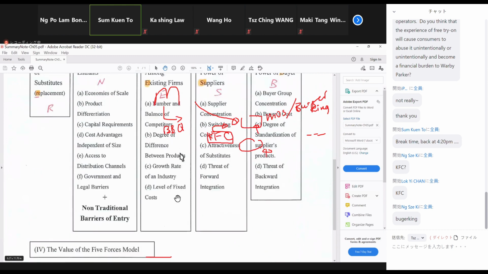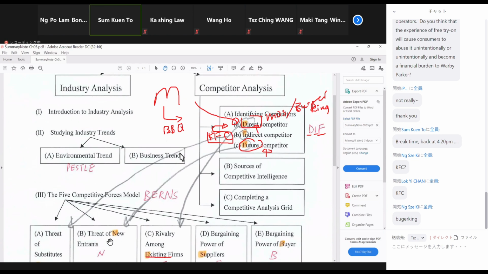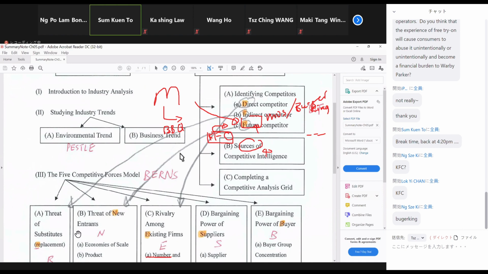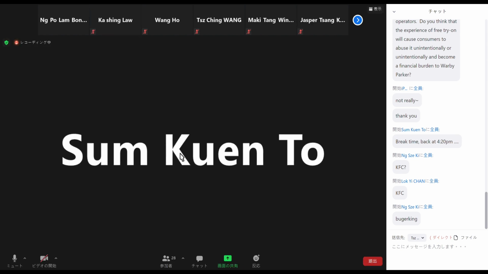The DIF concept-wise is similar to NER: new competitor, existing competitor, and also potential replacement, substitute, indirect, okay? And at the same time, let me stop sharing this and show you the overall concept.